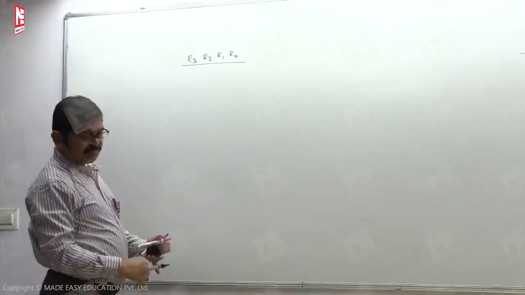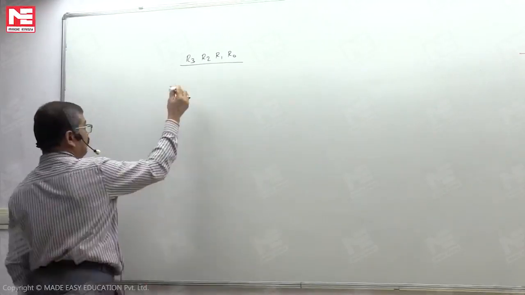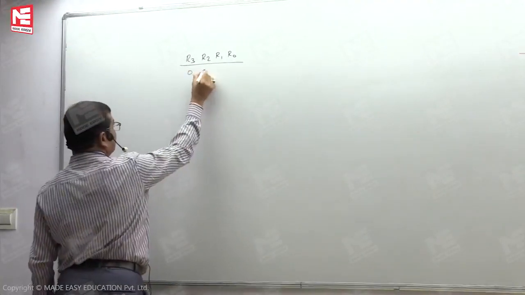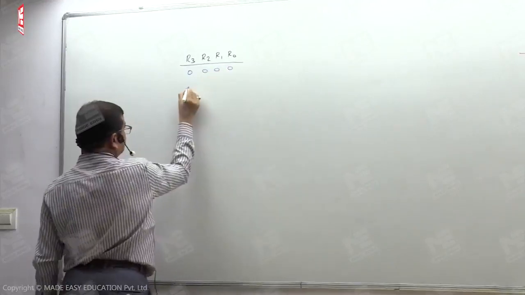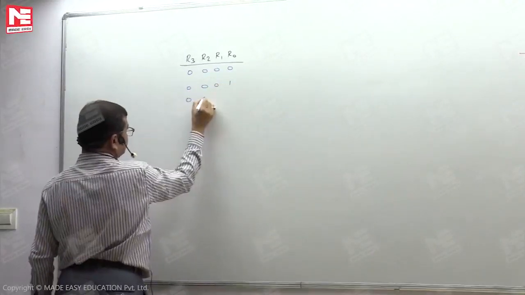In this 4-bit register, the possible values in binary format are 16 possible combinations.